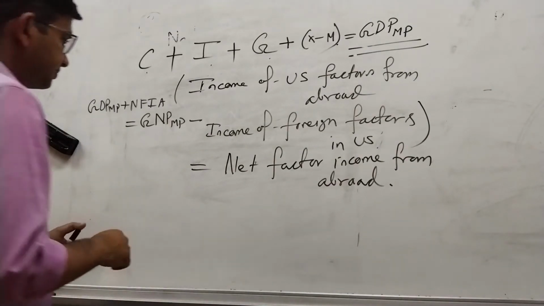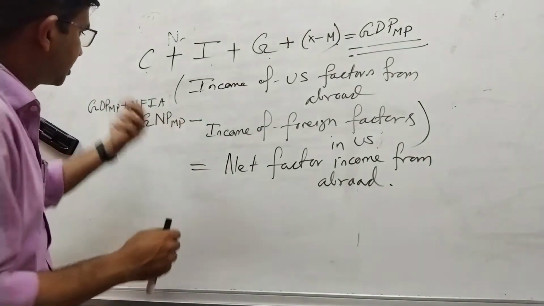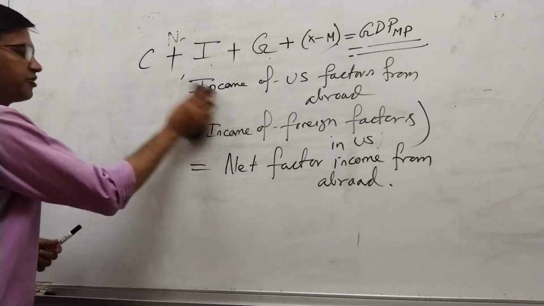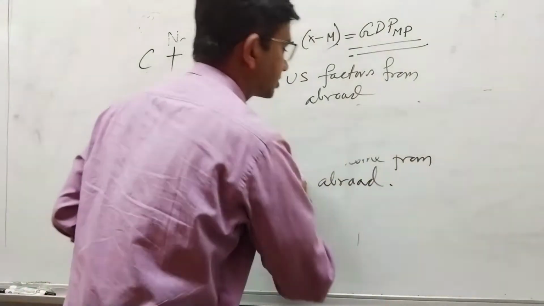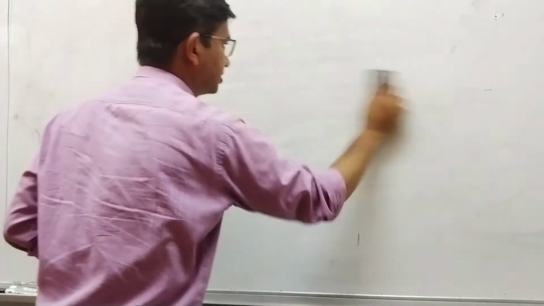Now, in the next step, to move to national income, every year there is some depreciation value of the machineries, that means the wear and tear of the machineries.